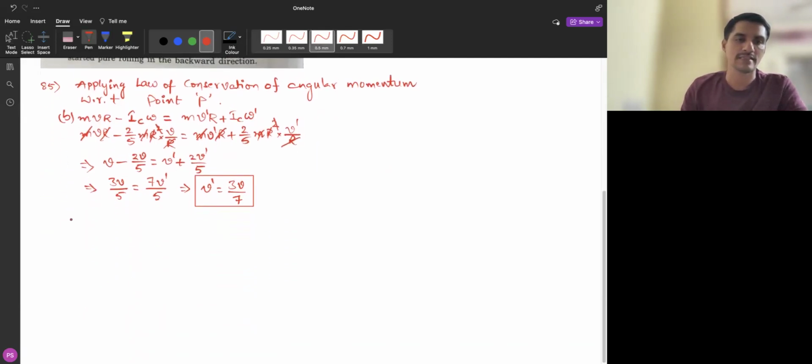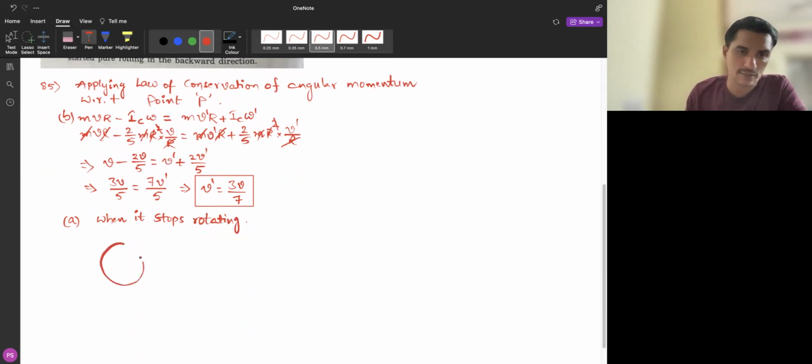See, let us write A here. When it stops rotating, means what? See here, this is a sphere. Initially, it was like this.